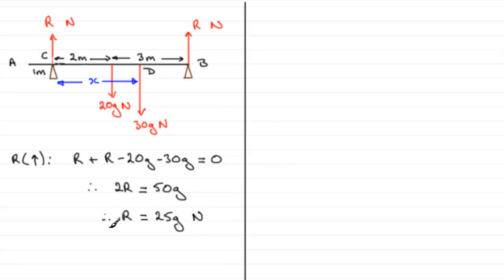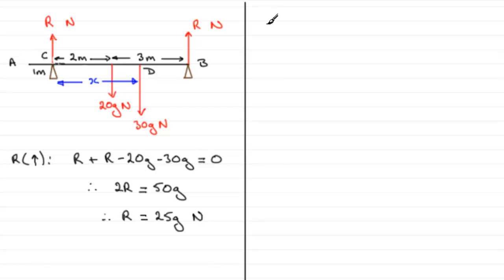Now that we've got R, we can take moments about any point. And the best place to take moments about would be C, because this would just give us an equation with easy values of X. You could take about B, it's up to you. You could even experiment taking moments about B, and it's good exercise. See if you get the same answer.